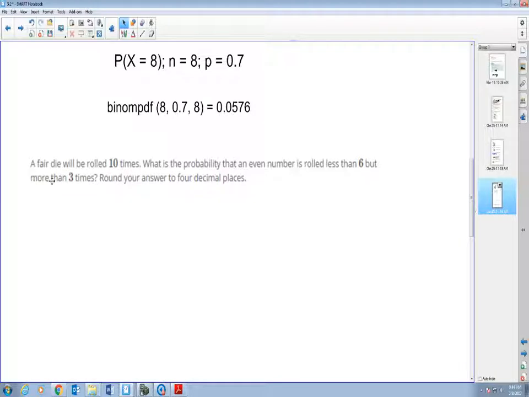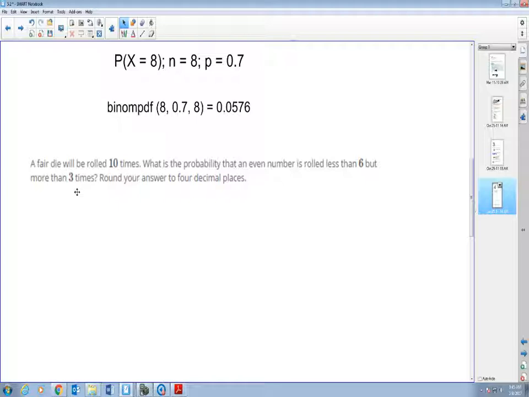Alright, let's say a fair die will be rolled 10 times. What's the probability that an even number is rolled less than 6 but more than 3 times? That's interesting. This is kind of weird now because you are rolling a die 10 different times.